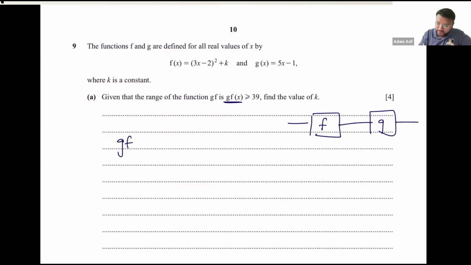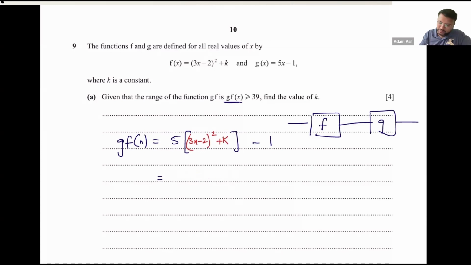So gf of x is going to be 5 times x minus 1, और x की जगह क्या आ जाएगा? 3x minus 2 square plus k, which is 5 times 3x minus 2 square plus k. Yeah, let's keep it like this.